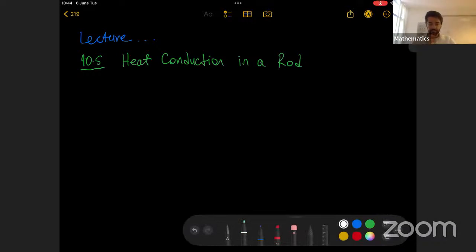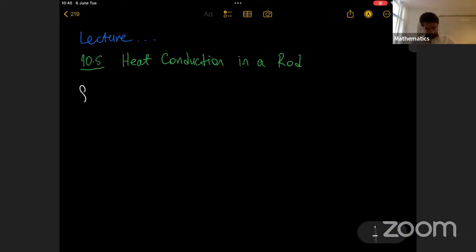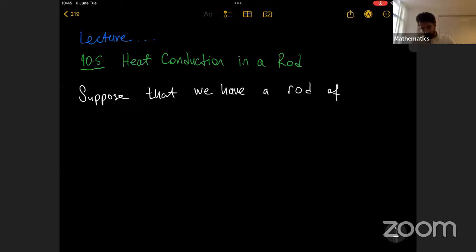Suppose we have a uniform rod of length L, and u(x,t) is a function of two variables.